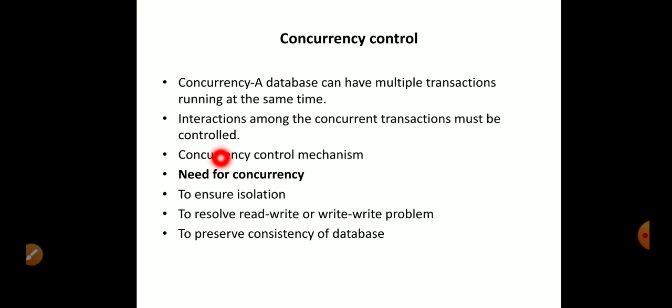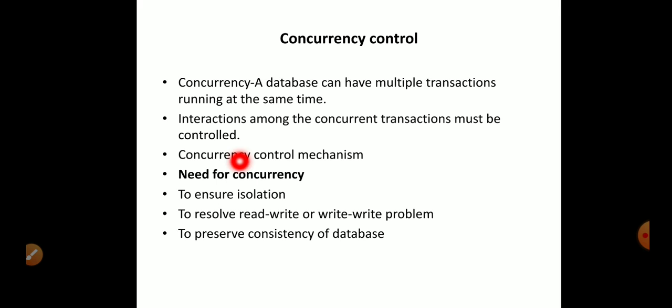To preserve that, you go for concurrency control. Interactions among concurrent transactions must be controlled by the concurrency control mechanism. This mechanism ensures that simultaneous execution of more than one transaction does not lead to any database inconsistency.